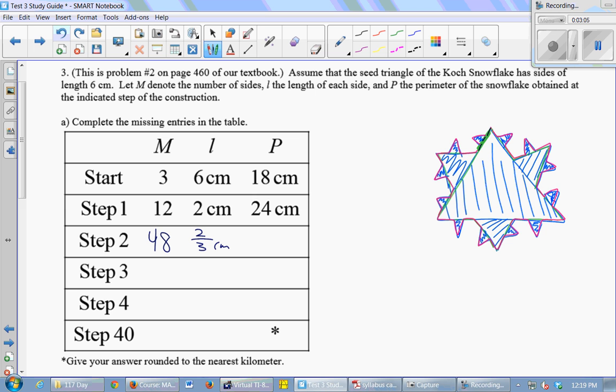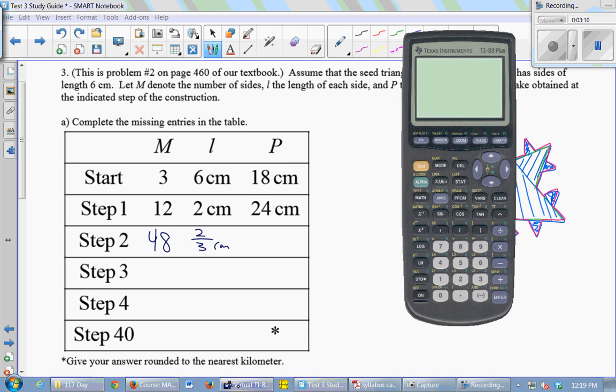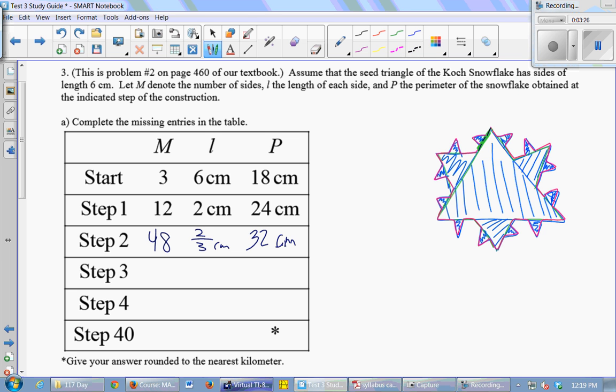And then my perimeter is going to be the number of sides times the length of each side. So 48 times 2 thirds. And we get 32 as the perimeter.